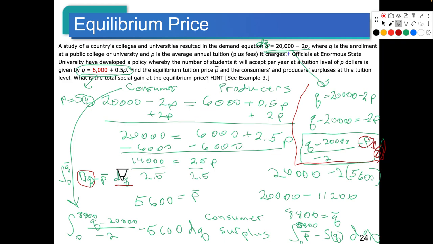Basically, just for the integration part, while it's helpful to have it in this form, because when I get P, I just plug it in and that gives me Q, when I'm going to integrate, I don't integrate this because I'm integrating dQ, right? I need a function that has a Q in it, so I have to solve for P. And then I've got some function that has math being done to Q.